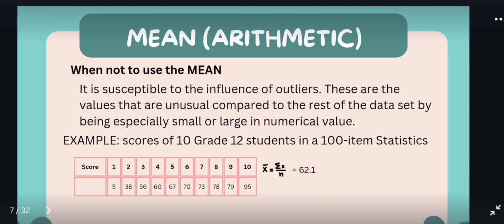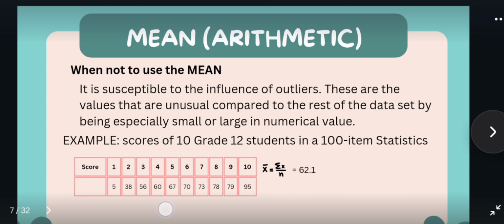Kaya nga, in this situation, we would like to have a better measure of central tendency. So, hindi para sa atin si mean. Hanap tayo ng ibang measures of central tendency na pwede na accurate para sa ganitong situation.